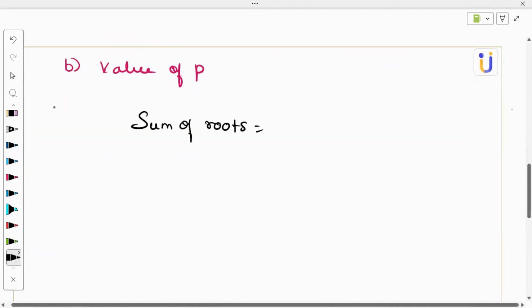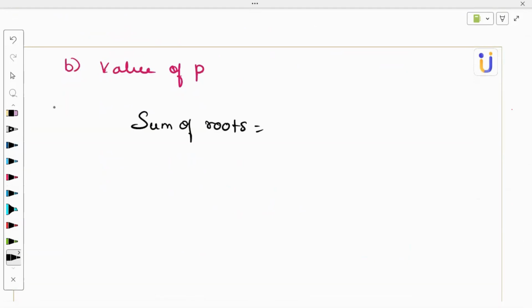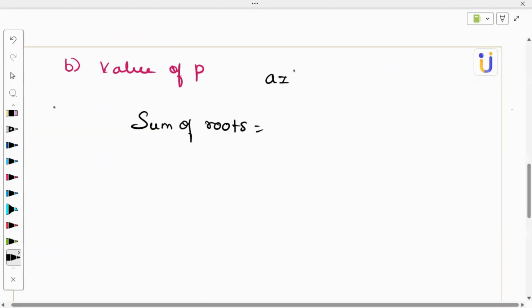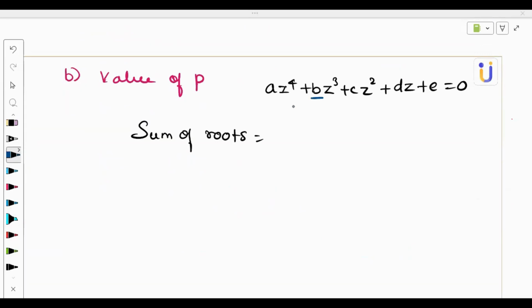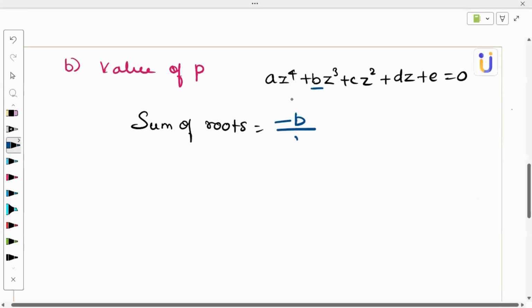If it is az power 4 plus bz cube plus cz square plus dz plus e equals 0, it means sum of roots will be equal to minus b by the leading coefficient.